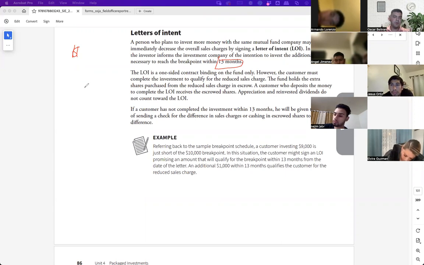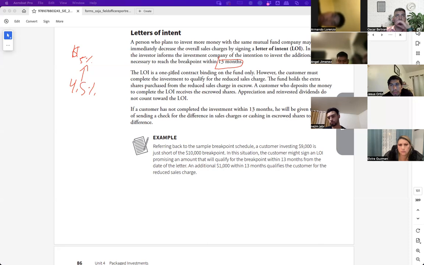If you don't get there by that time period, then let's say if you were charged 4.5%, you're going to go back to the 5%, wherever it was before that sales break. And they're going to adjust the sheets and whatnot to charge you more fees, pretty much.